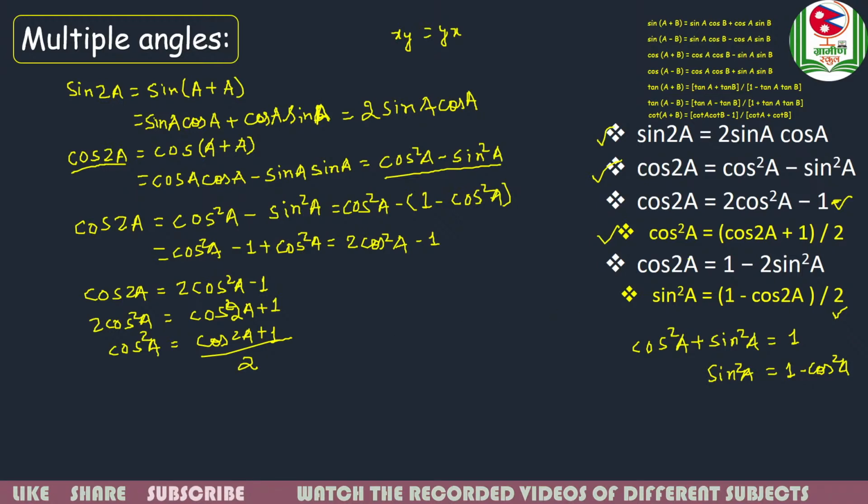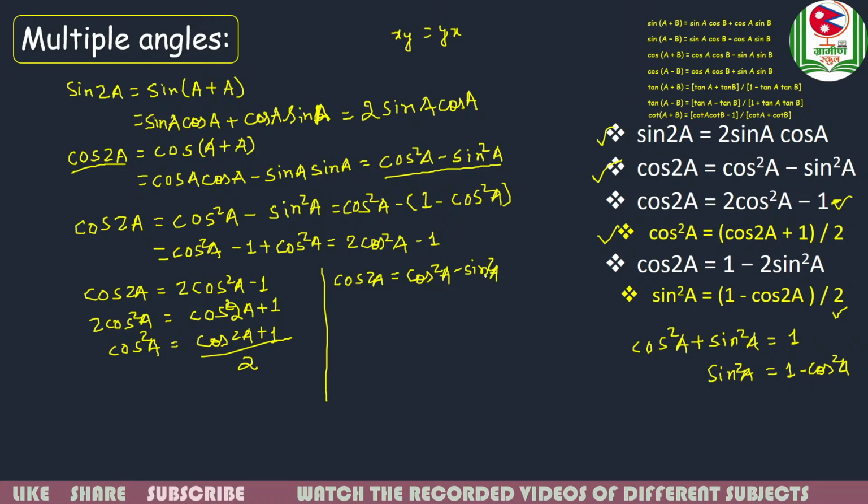And now we will express this cos 2a in the form of sine. Again we have the result cos 2a equals cos square a minus sin square a.